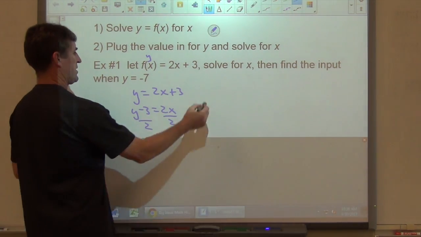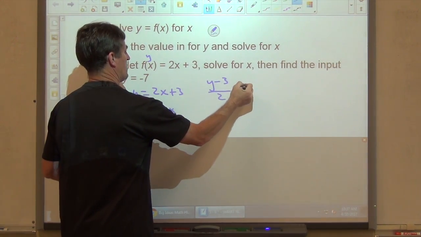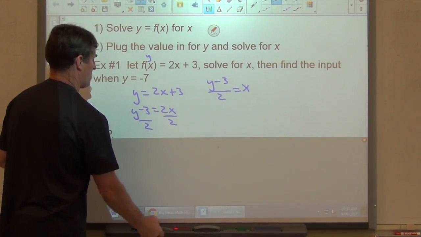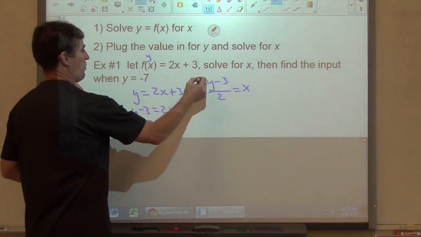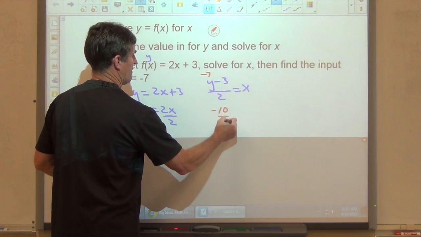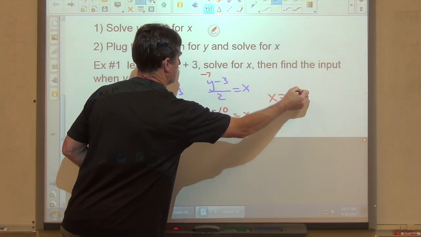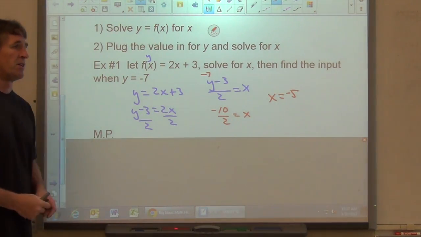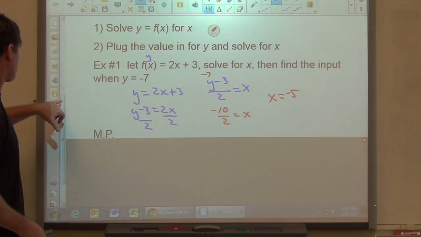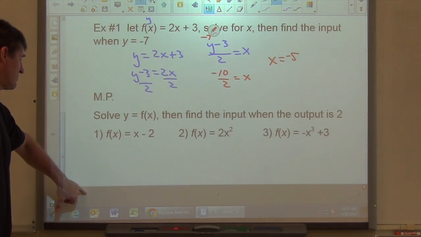And so we get y minus 3 divided by 2 equals x. And now we're simply going to plug in negative 7 for y. So negative 7 minus 3 is a negative 10 divided by 2. And so our x in this case is equal to negative 5. So that's all you have to do on those. So hopefully you'll find that fairly easy.